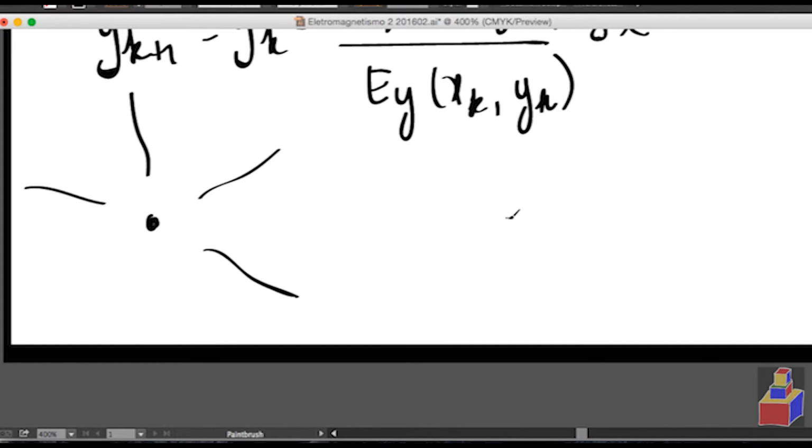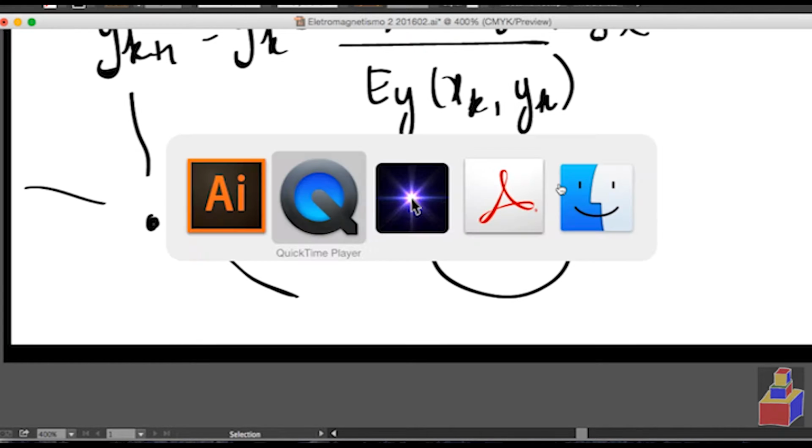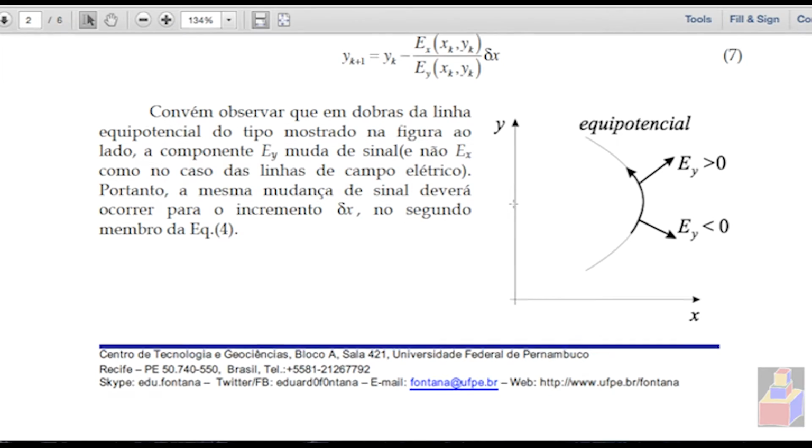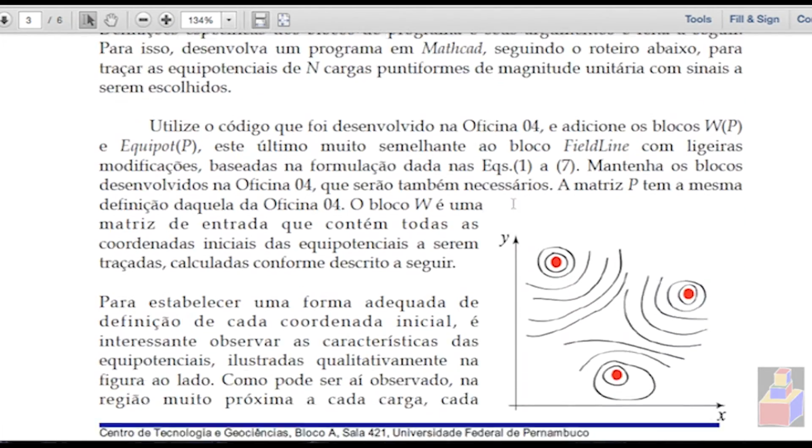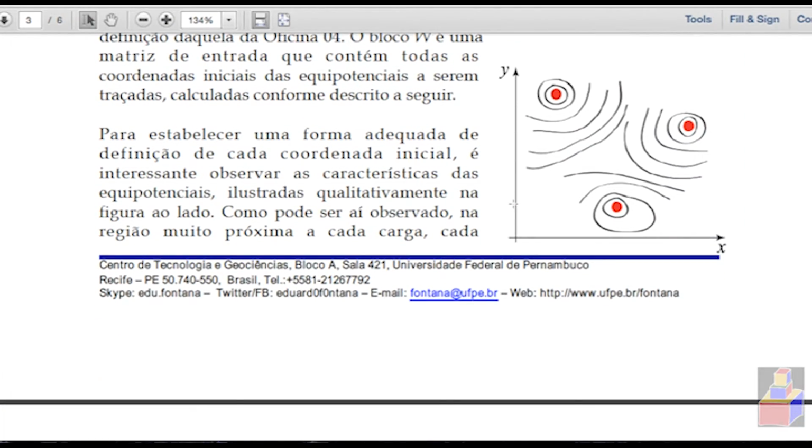Now, the equipotential lines don't have any problem. If you have a charge here and an initial point here, it's not going to go towards the charge, it's going to go around the charge, okay? So the equipotential line is going to look something like that. Several charges have several equipotential lines. And the E field will be orthogonal to these lines somehow.